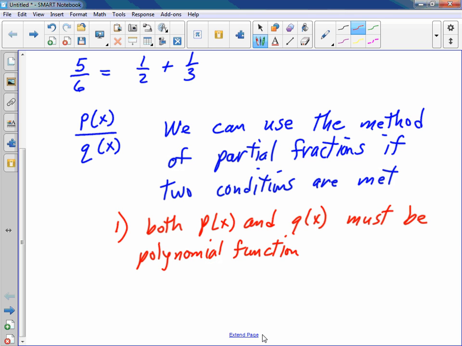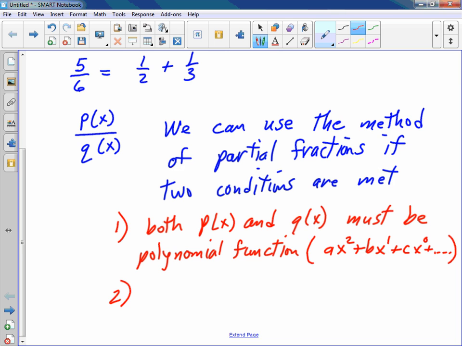And basically that's saying that they're in the form ax squared plus bx to the first plus cx to the 0, like that. That looks like a 9, it should be an a. Or higher power. Could be ax to the fourth plus bx to the third plus cx to the first, etc.